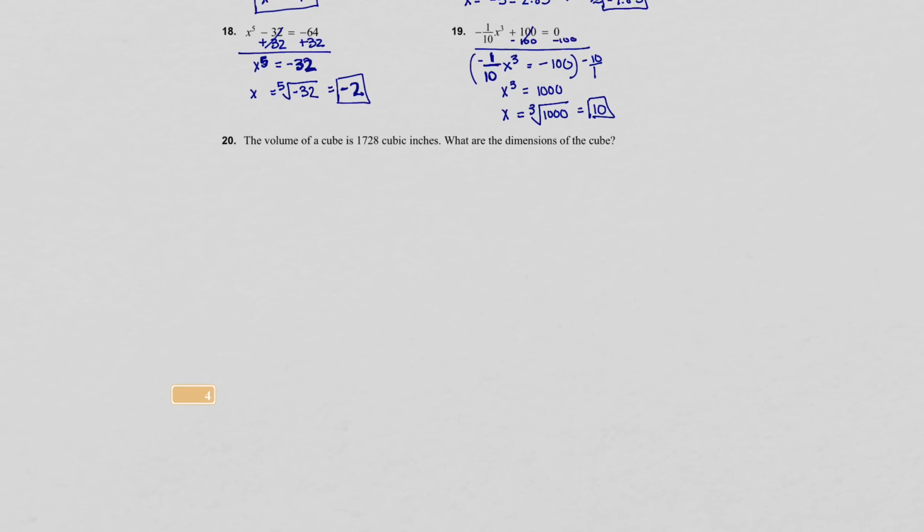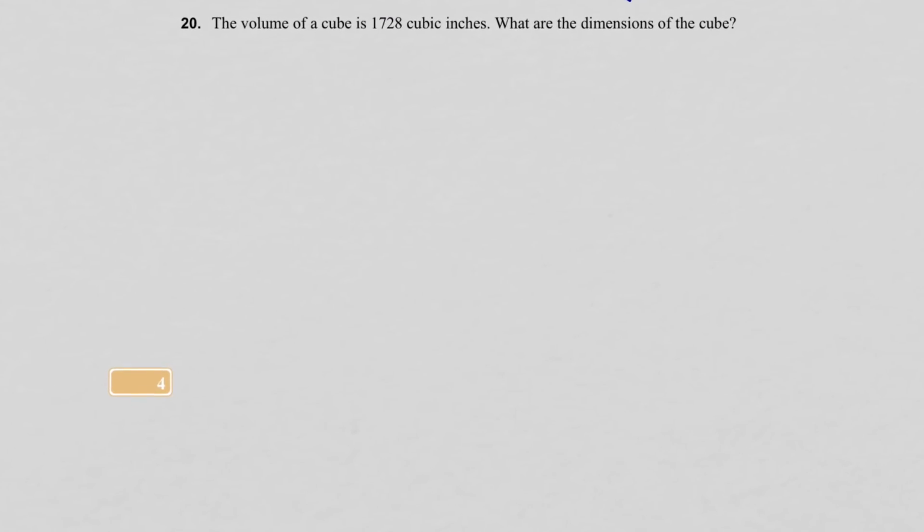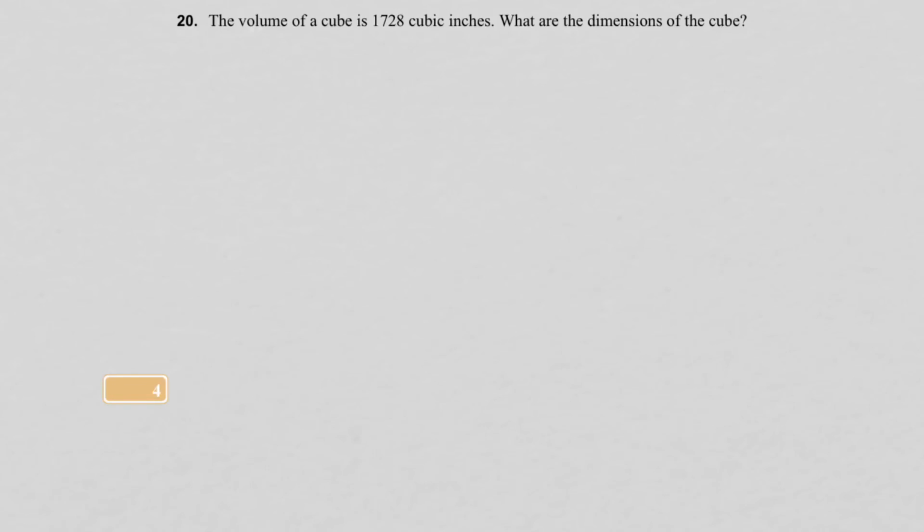Nearly finished. We have one more problem, and this one's a little bit more practical. It's asking us to find something that, for whatever reason, we might need to know: the dimensions of a cube. They're telling us the volume of the cube is 1,728 cubic inches, and it wants to know what the dimensions of the cube are.